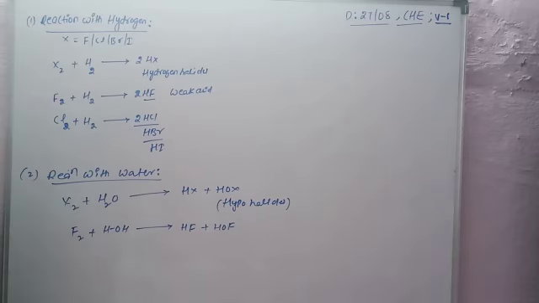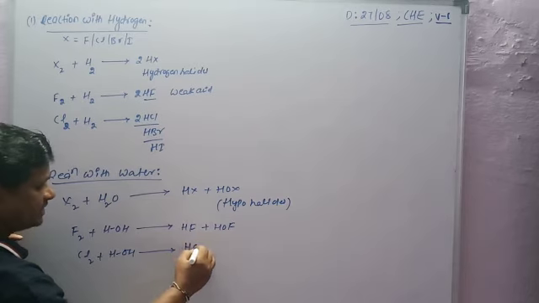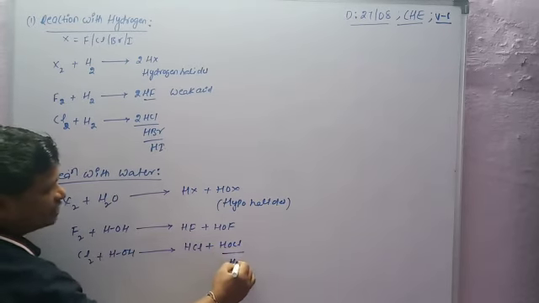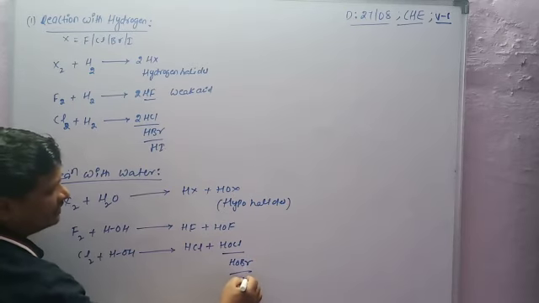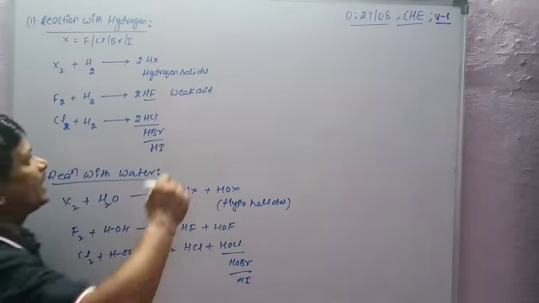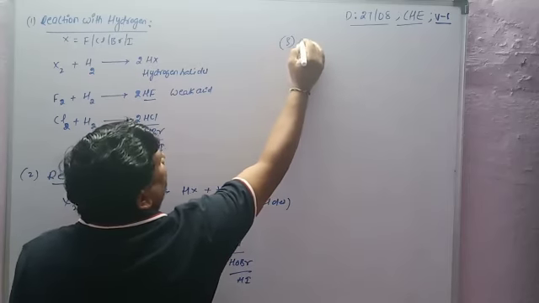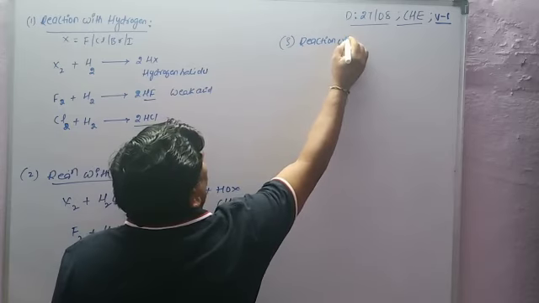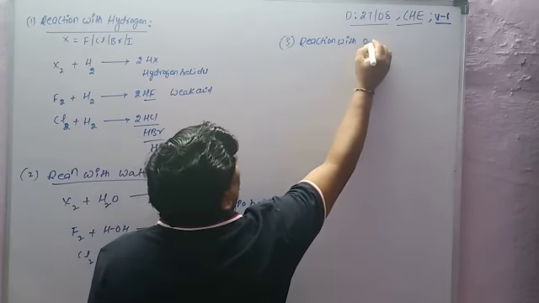Similarly, Cl2 plus HOH gives HCl plus HOCl, and likewise HOBr and HOI. So that is the reaction with water. The next one is reaction with oxygen.